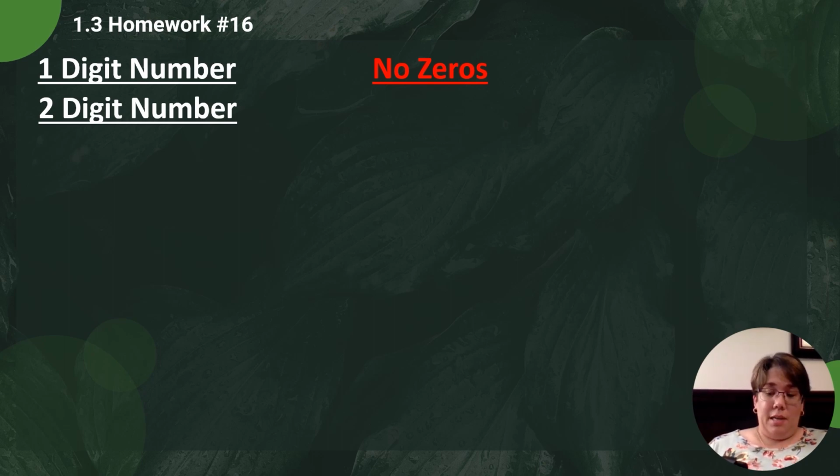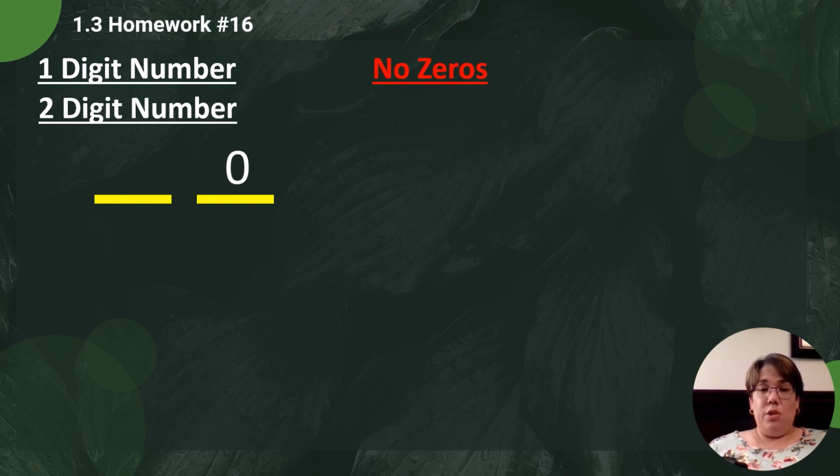Now, for the numbers 10 through 99, I put two blanks here on the screen. I want you to think about every number that could go in this first blank. It could be any of the numbers 1 through 9, but you couldn't have a 0 in that blank.